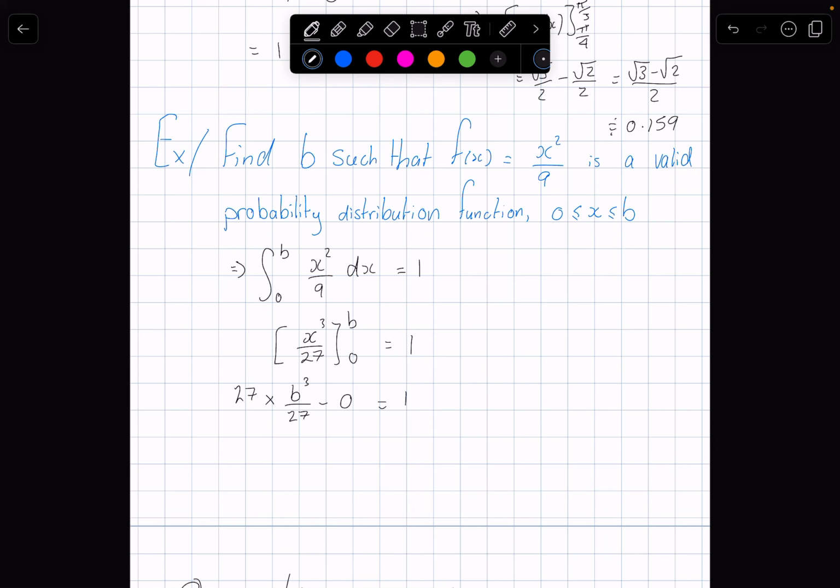Times both sides by 27, and I get b cubed equals 27. To solve the cube, we take the cube root, so b equals the cube root of 27. That means b is equal to 3. So b being 3 as our upper limit will give me my function x squared over 9 as a valid probability distribution function.